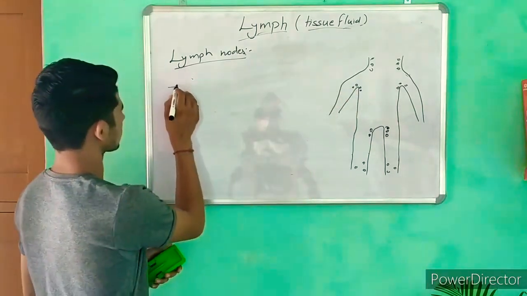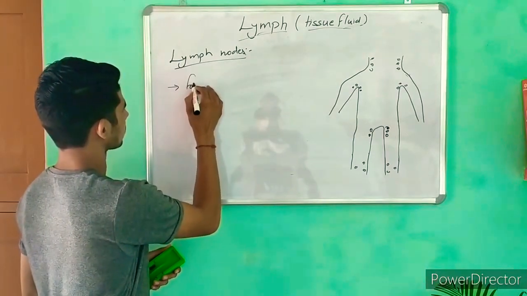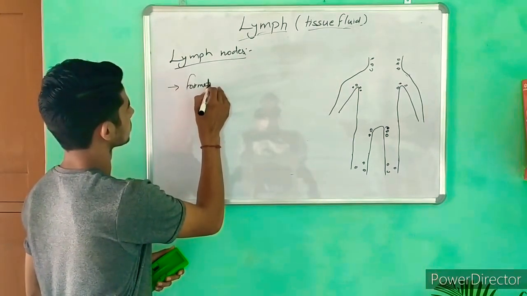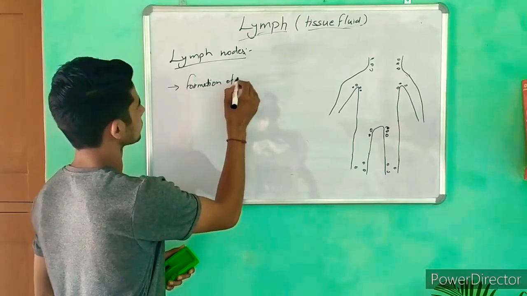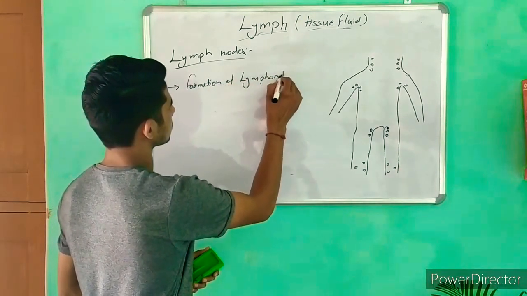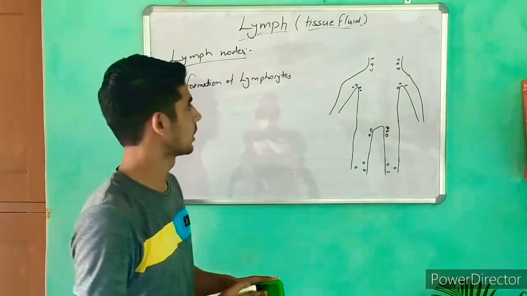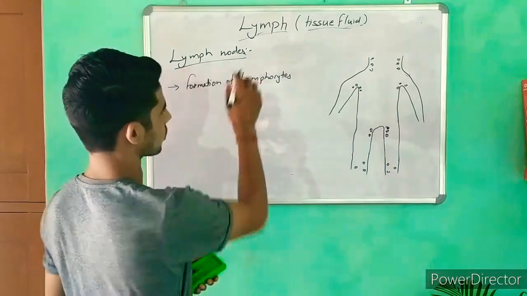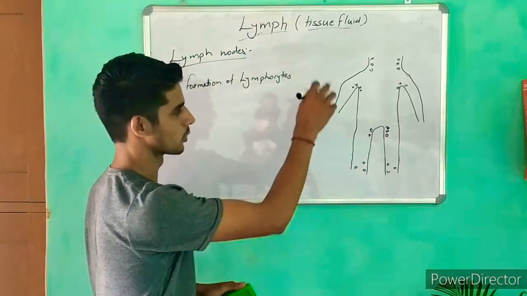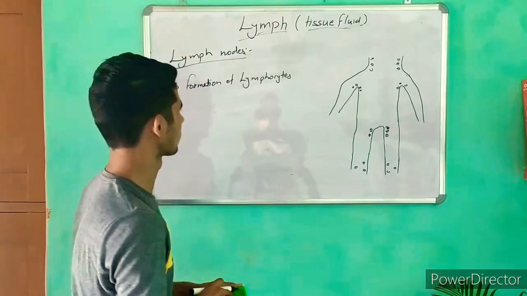The first function is formation of lymphocytes. Formation and maturation of lymphocytes occur in these lymph nodes, which are present all over the body, but the main points are there in this diagram.